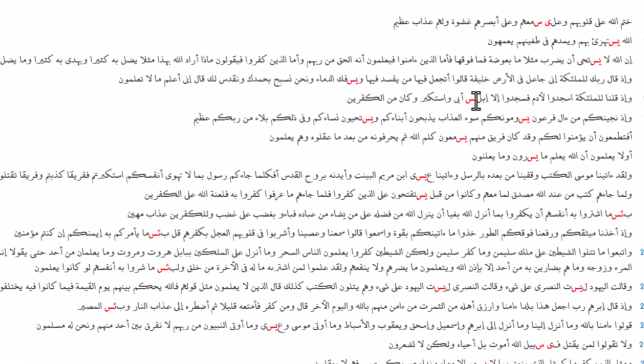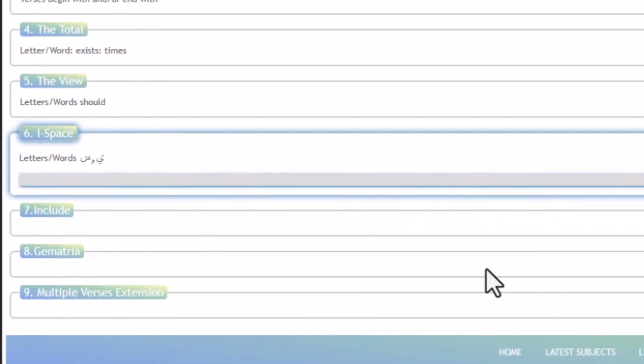So I have Yasin here connected, but I also have Ya Sin with space in between. So it will find both of them. Very important, they are connected to each other, so they follow each other. Yeah, and after that Sin, and so on. This is a very simple tool.